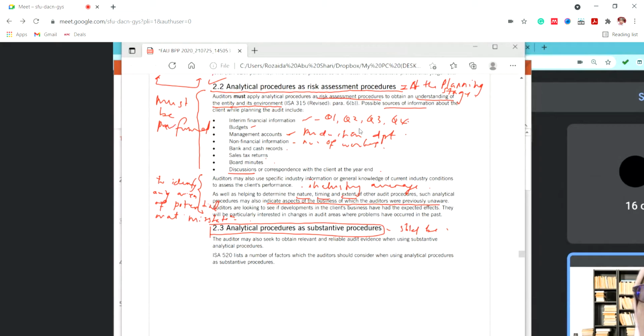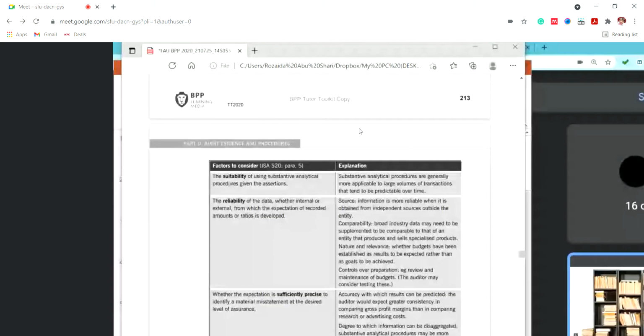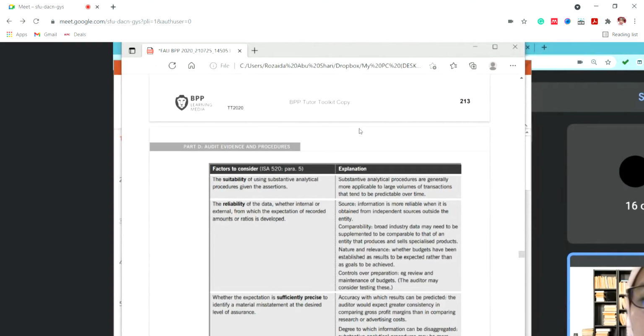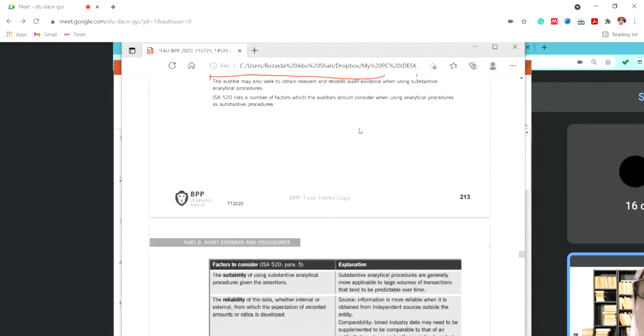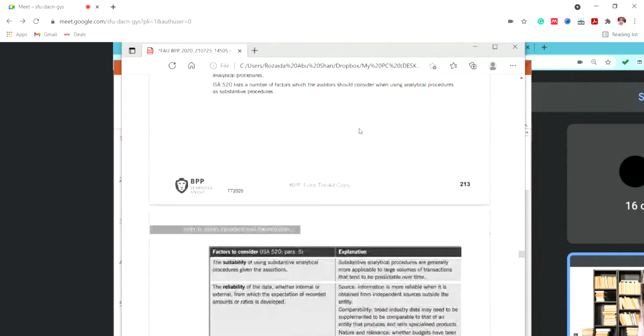Okay, the auditor may also seek to obtain relevant and reliable audit evidence when using substantive analytical procedure. So what are the factors that you want to consider, okay, whether you want to perform or not the analytical procedure during the substantive procedures. Okay, bila you nak guna or bila you rasa you want to perform.